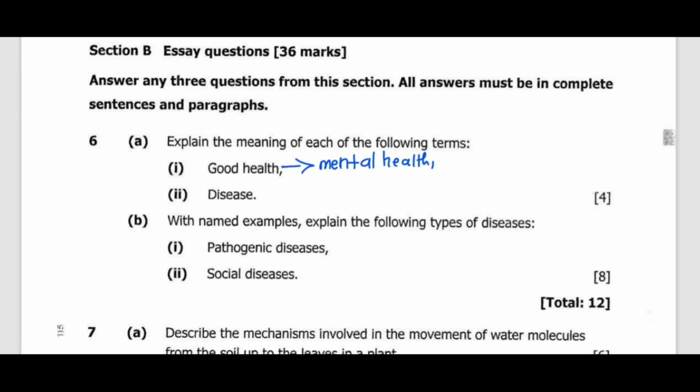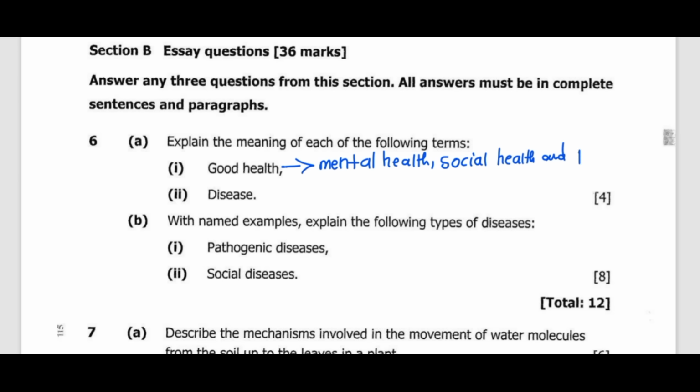Then the second one is what we call social health. This depends on how well you socialize with people, how you interact with people, how good you are at adapting with people. For example, if you move from one town or place to another, how good are you at interacting with the people that you found in that area? So that is what we call social health.